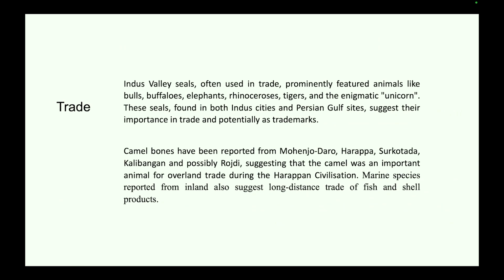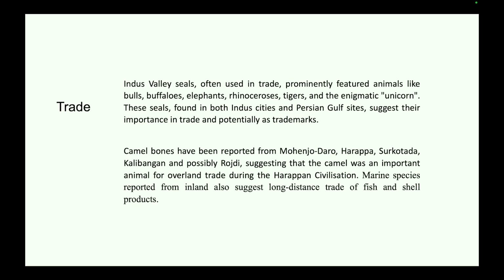If we see the trade marks, then Indus Valley seals, often used in trade, prominently featured animals like bulls, buffaloes, elephant, rhinoceros, tiger, and the enigmatic unicorn. These seals, found in both Indus cities and the Persian Gulf side, suggest their importance in trade and potentially as trademarks.